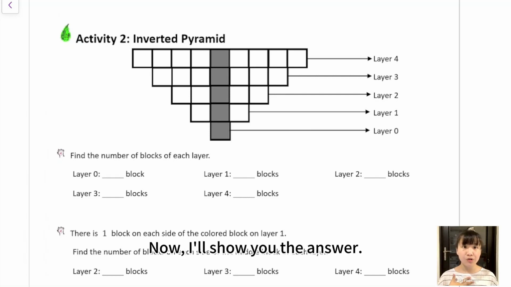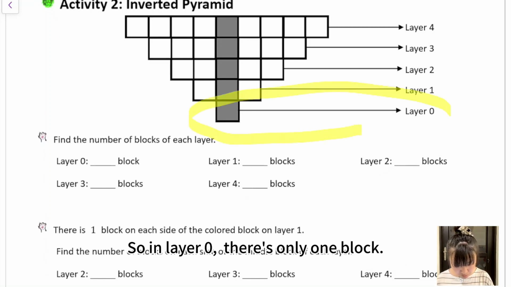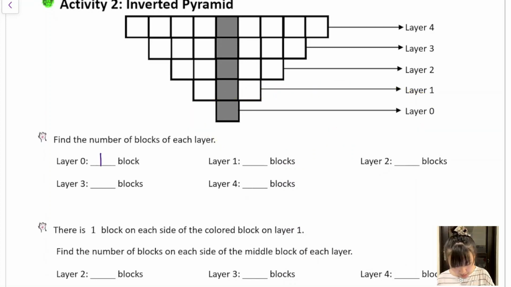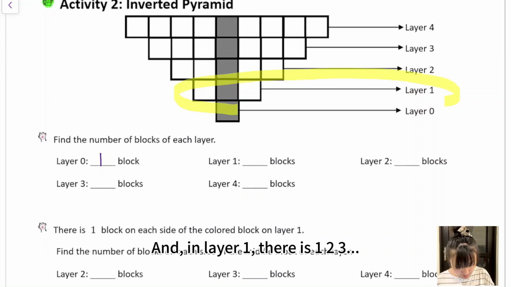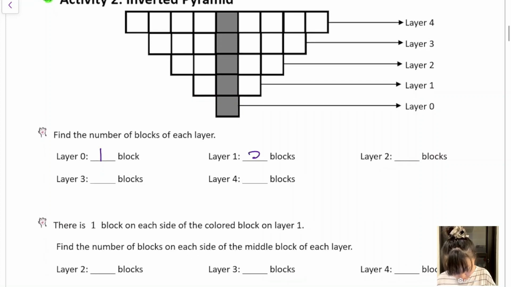Now I'll show you the answer. Find the number of blocks of each layer. So in layer 0, there's only one block. And in layer 1, there is 1, 2, 3. There are 3 blocks.